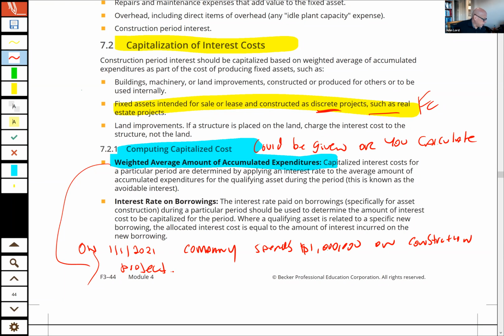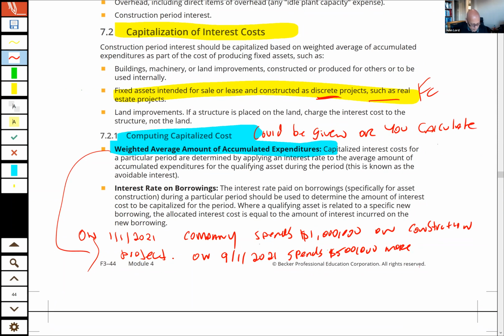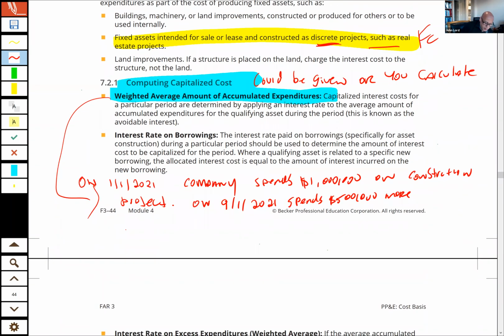And then on 9/1/2021 spends 500,000 more. Okay, let's go ahead and see if we can calculate the weighted average of accumulated expenditures. That's what that is, weighted average accumulated expenditure.